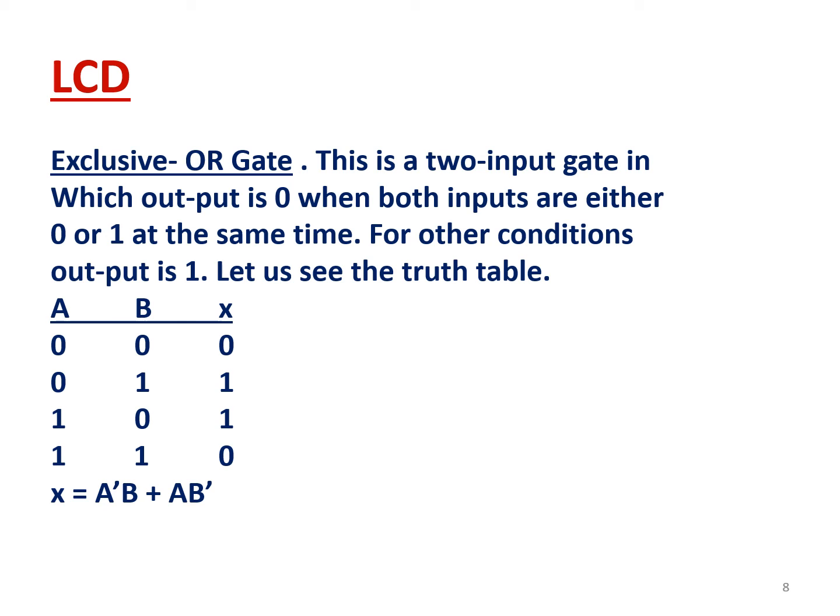But for the other combinations, that are 0, 1 and 1, 0, it is 1. So if we write down the Boolean expression, it will be X is equal to A complement B plus A B complement. So here you can say two inverters are required, two AND gates are required, and one OR gate is required, and you can always implement it.